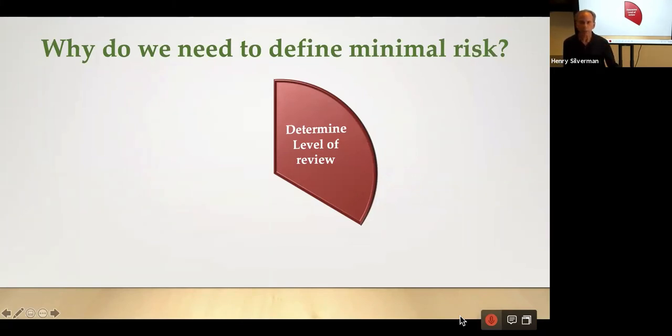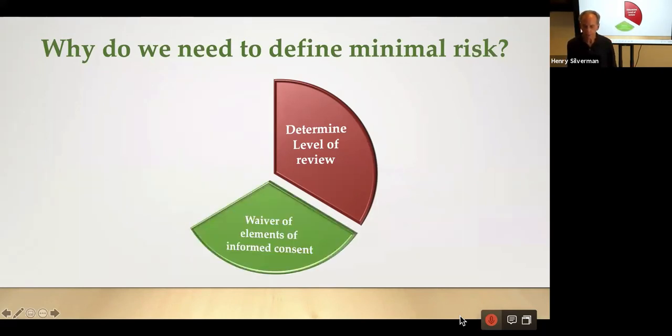If you're going to have a protocol not go to the full board research ethics committee, it makes sense that at the very least, the protocol should be minimal risk, or no more than minimal risk. So we use a definition of minimal risk to determine the level of review.